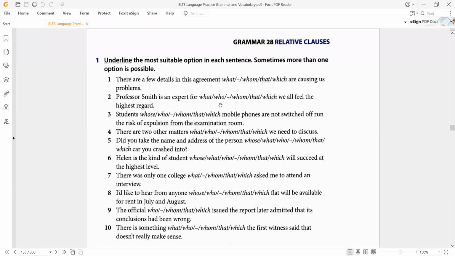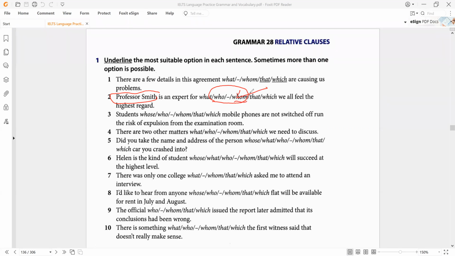I'm talking about Professor Smith. Can say who? Yes. Who or whom? Yes. It's more formal with whom. Whom is more formal, but both are okay.